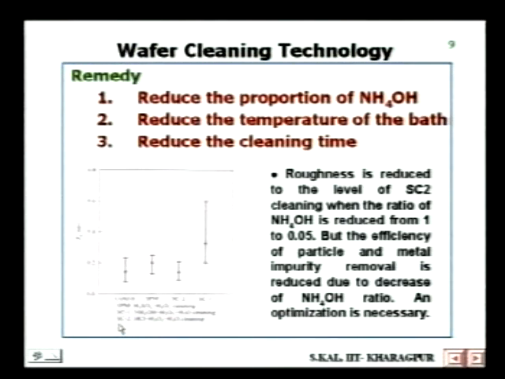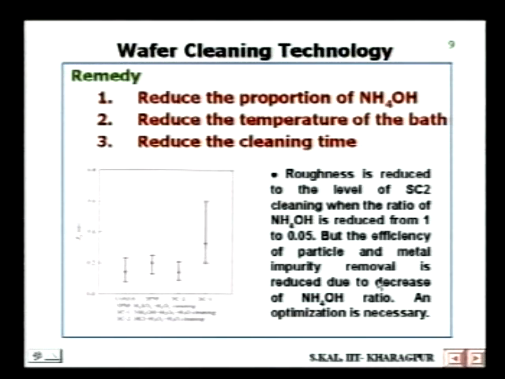And if you use HCl, H2O2 and H2O cleaning, that is SC2 cleaning, with a controlled amount of NH4OH, that means if you reduce the ratio of NH4OH from 1 to 0.5, then the roughness will also reduce. It is of the order of the SC2 process, you can see here.